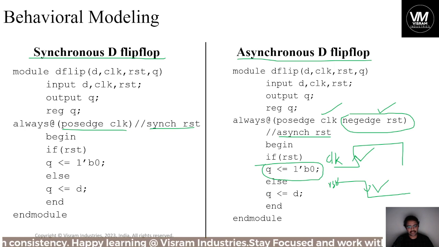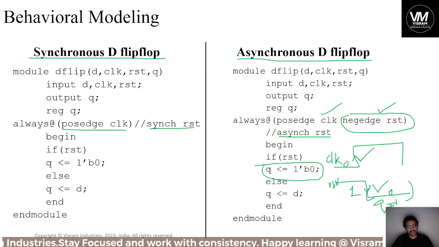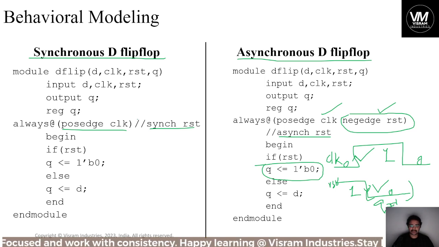For any one of these changes, the values will be considered in this scenario. Q will be 0, and else if reset is equal to 0, then Q will follow D at this point of the reset. When reset is equal to 0, it is 1, it is 0, 1, and it will be again 0. So hence that is the major difference between synchronous and asynchronous D flip-flop.